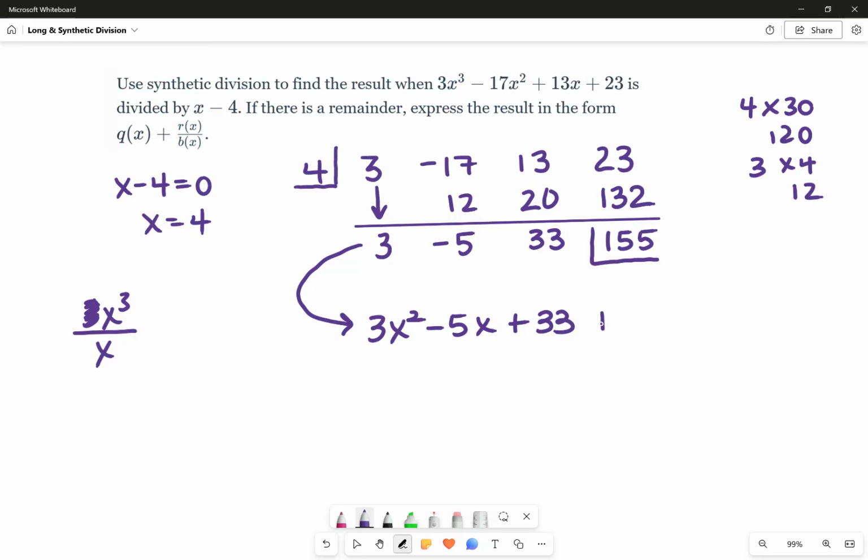So we're going to put plus 155 over, and I want you to write down what you divided by, and that's x minus 4. So notice your remainder will always be the numerator value, and your denominator will always be the factor you divided by. And so this is what you would type out in your Delta Math as your final answer.